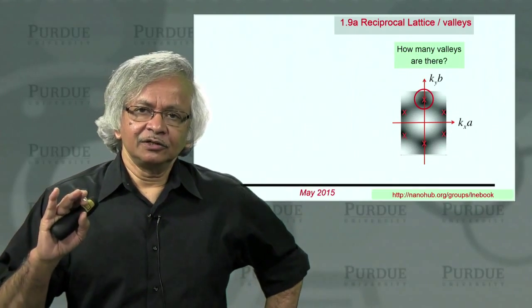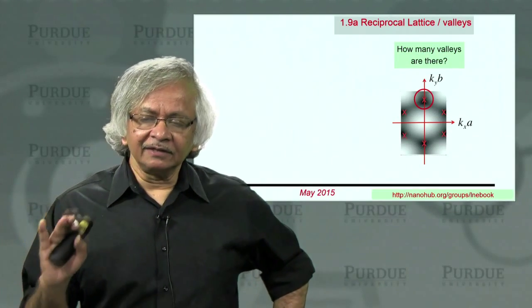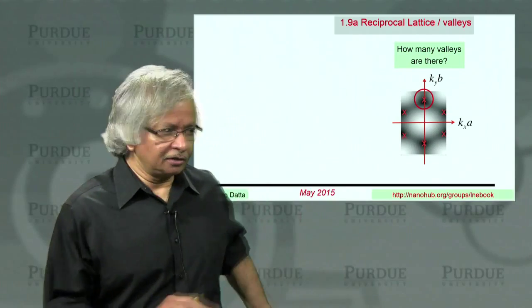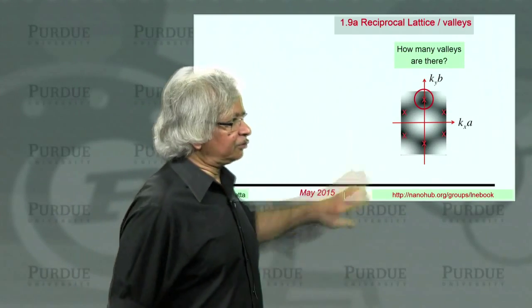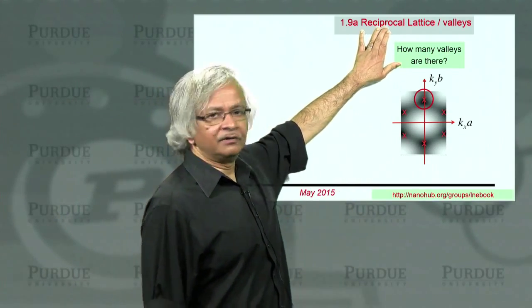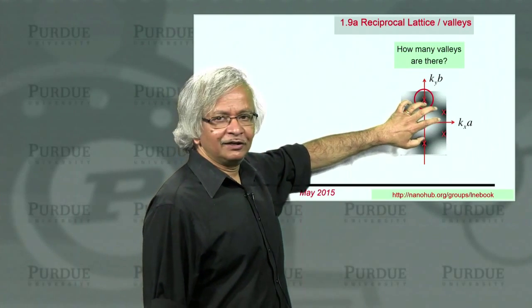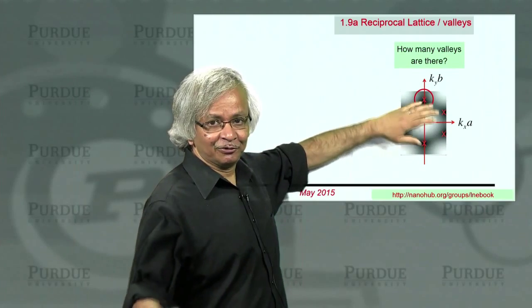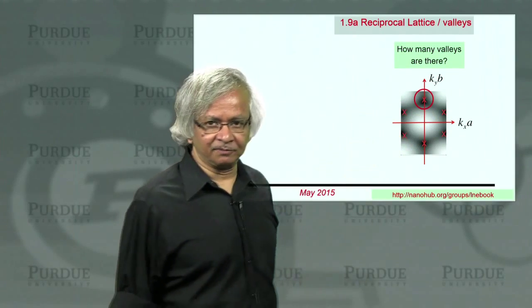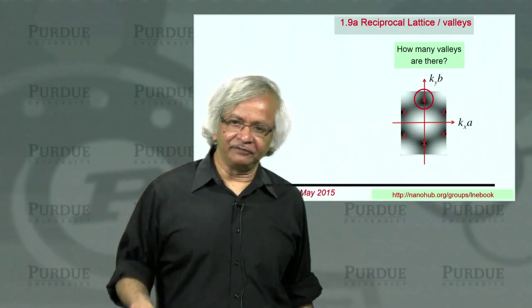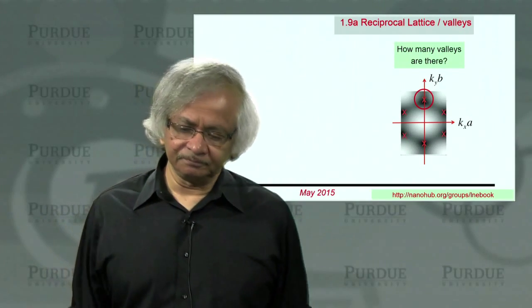And why it's 2 and not 6? That needs this discussion, which is what this lecture is about. We'll talk about how you construct a reciprocal lattice and thereby see why it's really not 6 valleys but 2. And this is, of course, a general principle that applies not just to graphene, but to all materials in general.